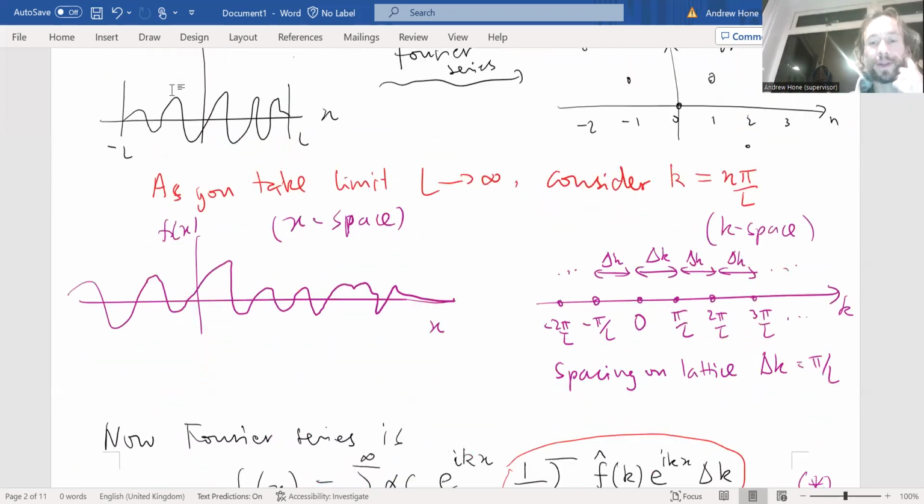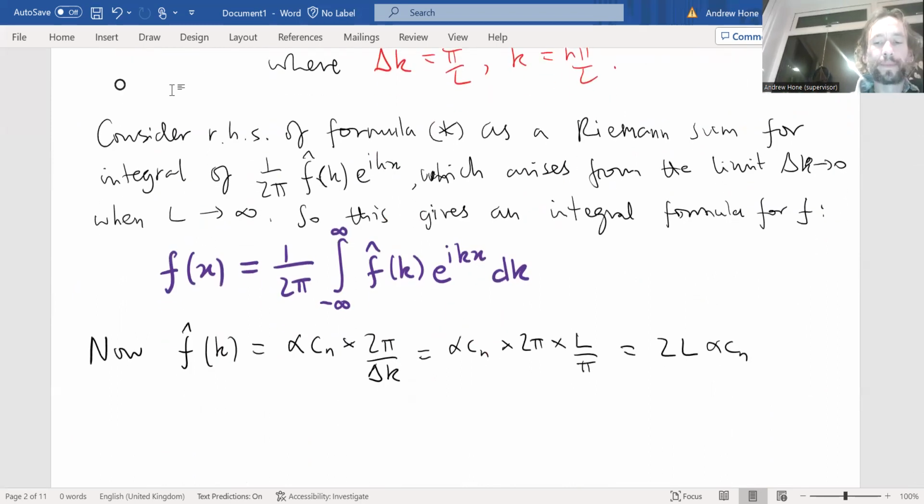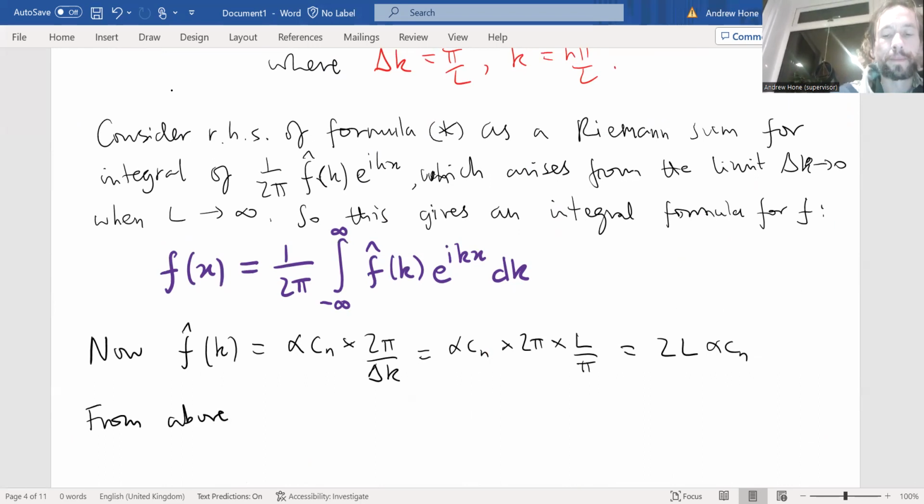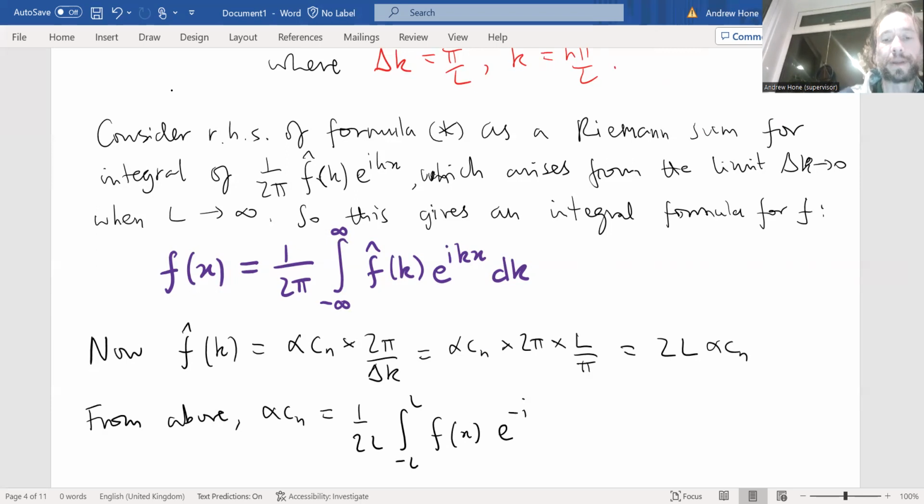But remember that, from above, alpha Cn is equal to 1 over 2L, the integral from minus L to L of f of x. And then if you look at it, what we had was minus i n pi x over L, but that's just minus i kx, okay? And this is integrated with respect to x.